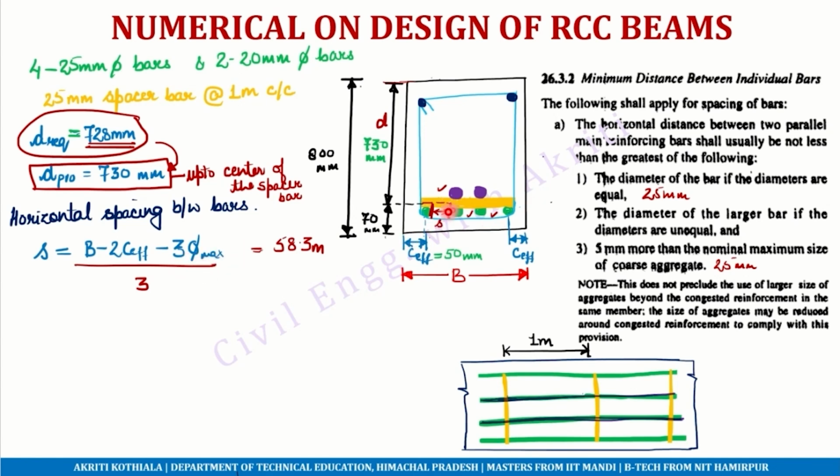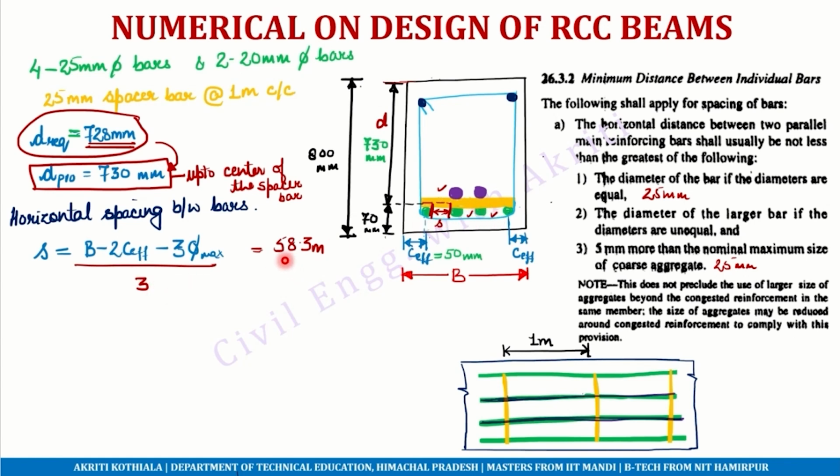5 max, because this is the main row which will be required to be checked for the minimum horizontal distance. There are just 2 bars here and can be spaced sufficiently apart. So number of spaces are 1, 2 and 3.